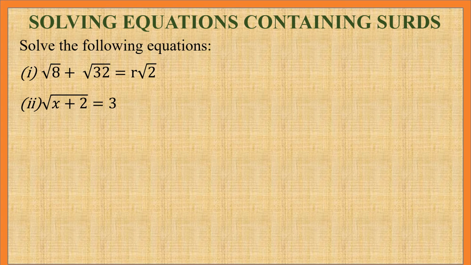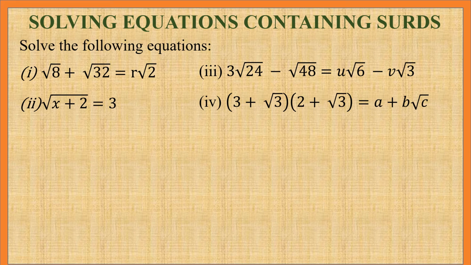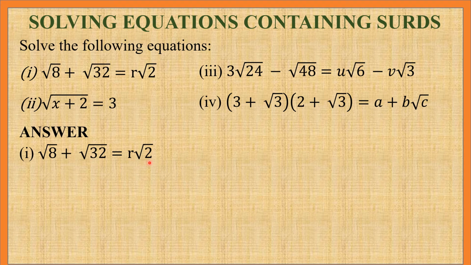If you are asked to solve this, how do we do that? Let's look at the first example, which is root of 8 plus root of 32 equal to r root of 2. When you look at the right hand side of this equation, you can see that the least radicand is 2.